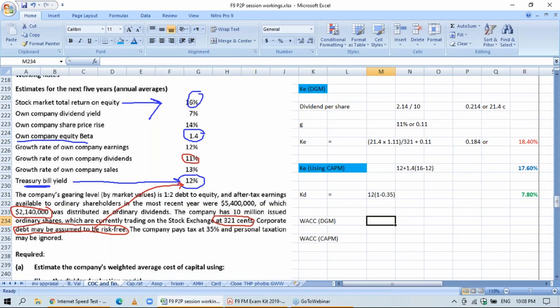So it's 18.4 multiplied by the value of the equity. So the ratio is 1:2. Debt is 1 and equity is 2. So 2 divided by 3 is equity. And then the cost of debt is 7.8 multiplied by 1 divided by 3. So this gives the WACC, which is 14.87%.